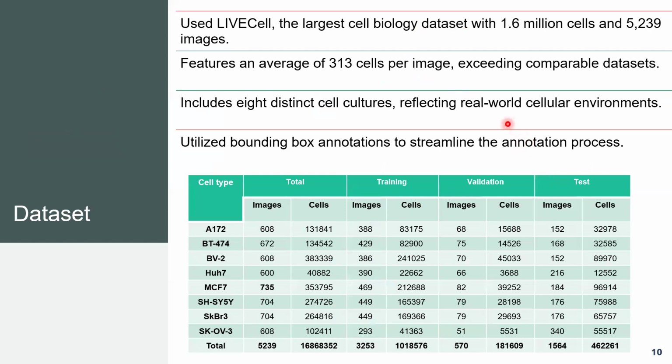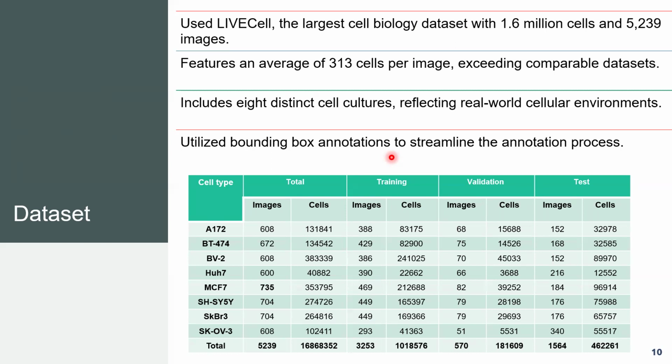For this study, we utilized the LIVECell dataset, which is the largest cell biology dataset with 1.6 million cells across 5,239 images. It features an average cell density of 313 cells per image, which surpasses other comparable datasets. The dataset includes distinct cell cultures reflecting real-world cellular environments.